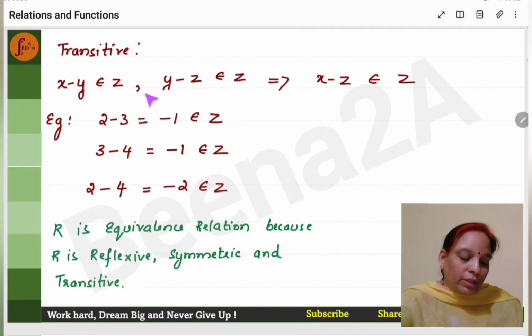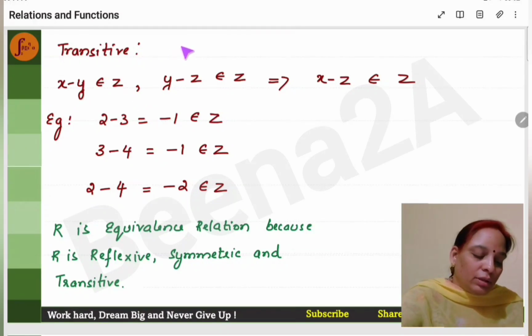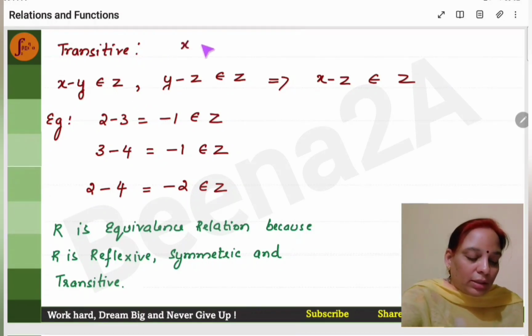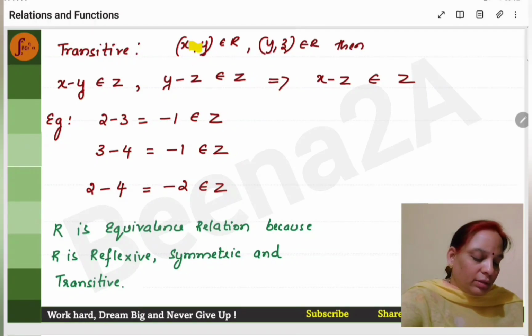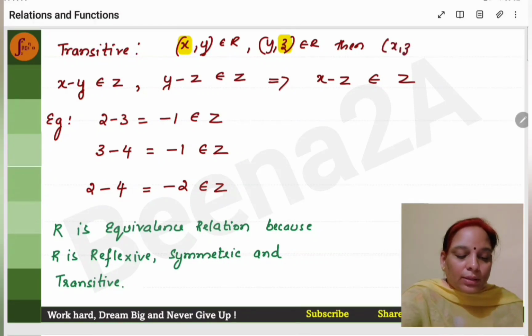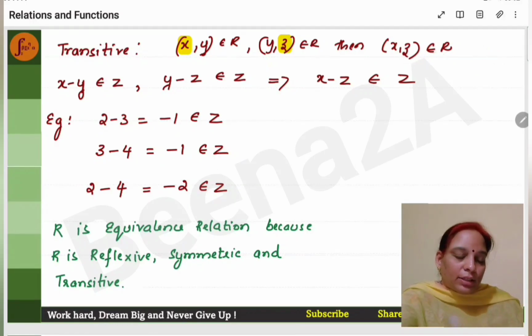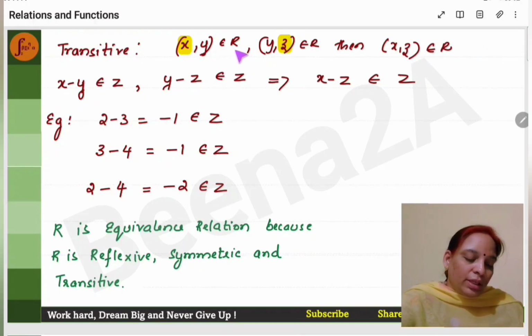Now let's look at the transitive case. For the transitive case, we should have a combination like this. If (x, y) belongs to R and (y, z) belongs to R, then the first and fourth element, that is (x, z), should belong to R. Then we say R is transitive. Now here let's take this xy, yz, xz combination.